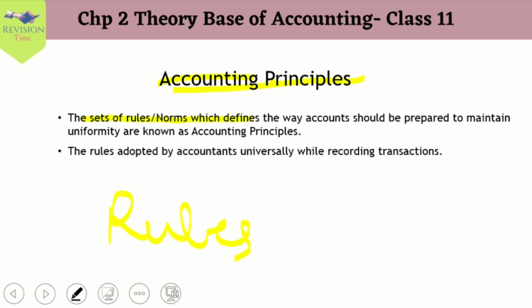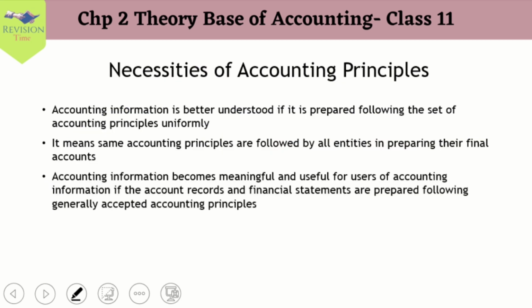It is the set of rules and norms which define the way accounts should be prepared to maintain uniformity. In simple words, these rules are universally accepted and followed by all the accountants while recording transactions.